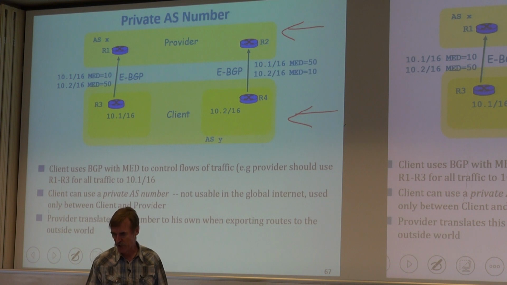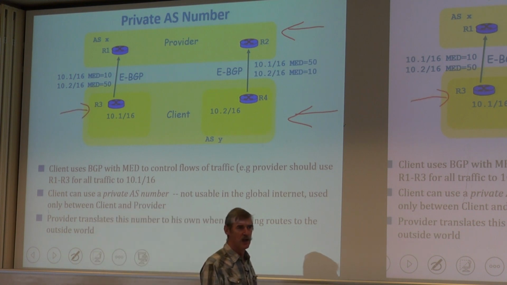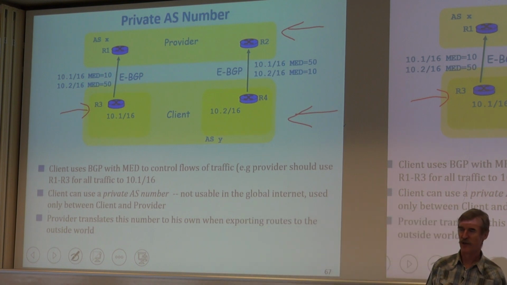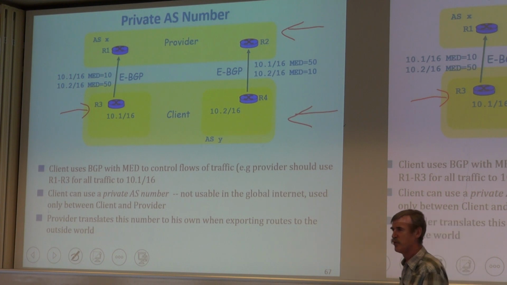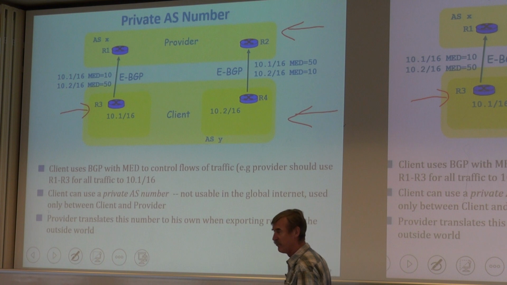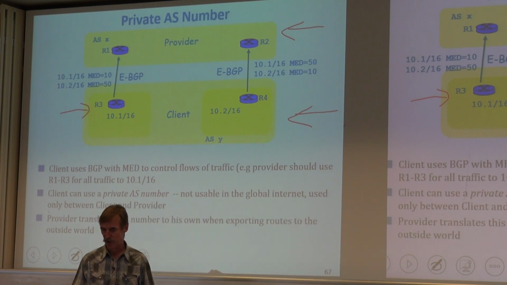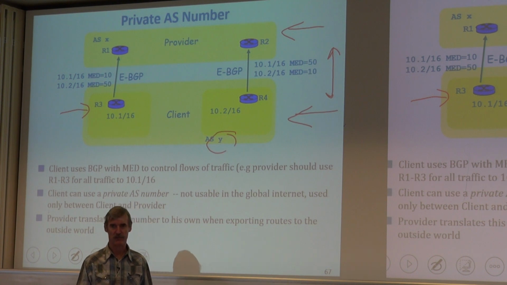Now, if we want to do something a bit more controlled, for example, if we want to use MED, we can have both. We can not use an AS number so that the rest of the world doesn't bother about us, but we can still run BGP between EPFL and switch here. This is not done, but we could. If you run BGP, you need an AS number. In a case like this, we would use for Y a private AS number.